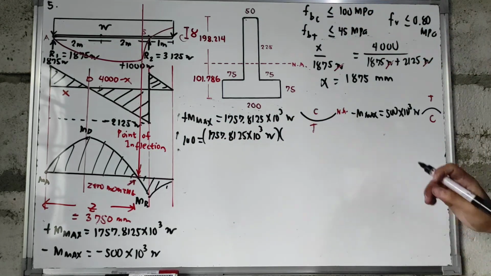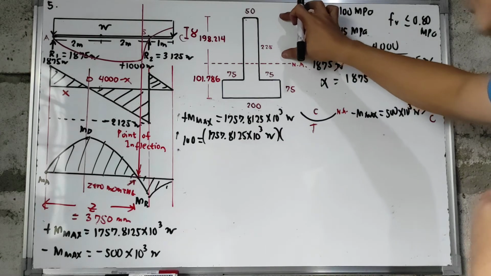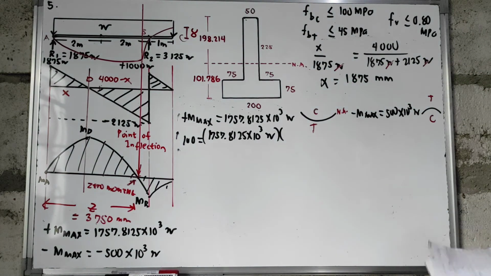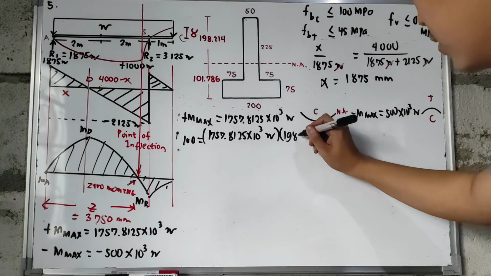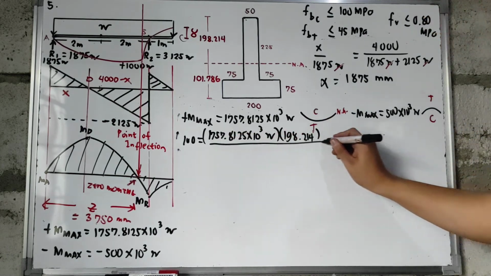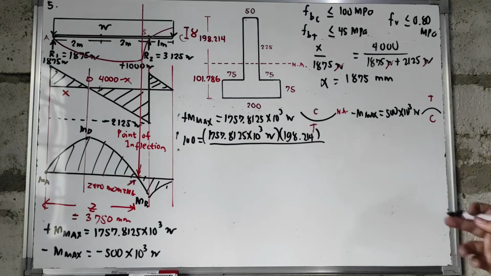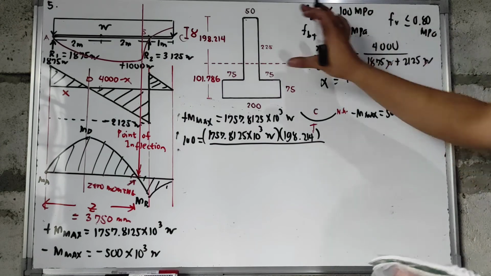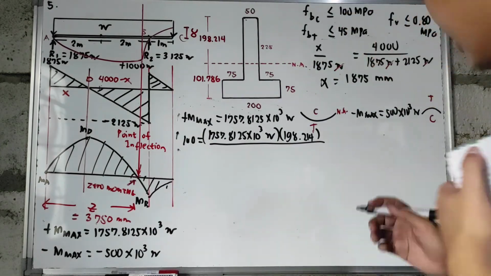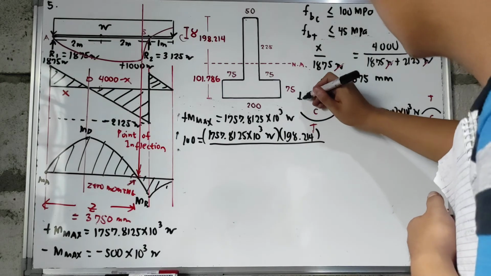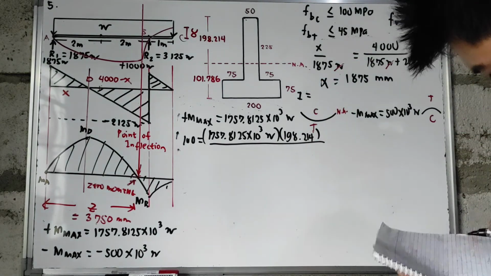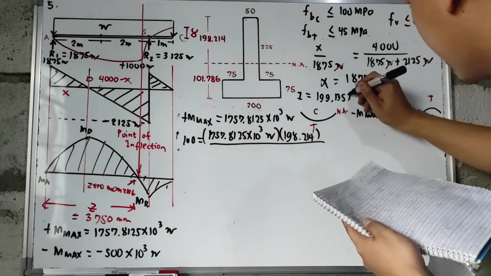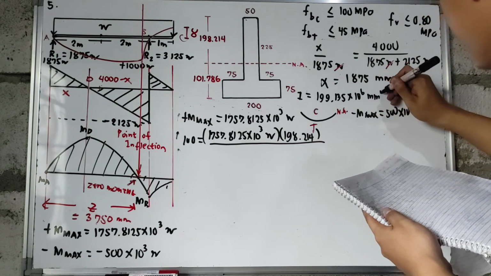And the value of your C sub C dito, compression muna tayo, that is equal to 198.214 over yung I natin. So yung I natin, same lang siya nung kanina, since inadapt lang natin yung cross-section natin. So yung I natin is equal to 199.135 times 10 raised to 6 millimeter to the fourth.